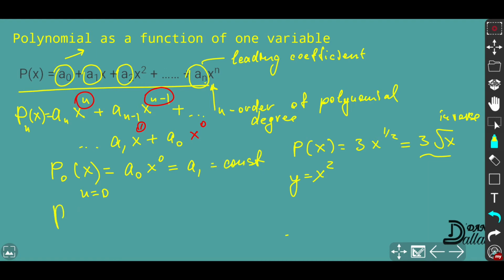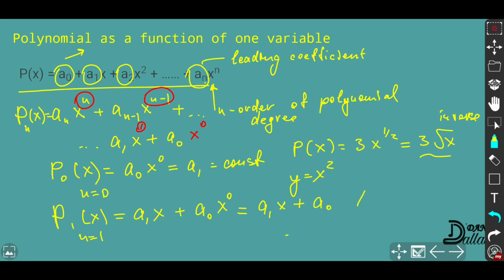If you say that we're going to have n equals 1, so a polynomial of the first degree, or first order, we'll get just two terms: a1 x to the power 1, and the next term down to 0, because the minimum power for a polynomial must be 0, okay? So you plug in the next term and you'll get a0 and x to the power 0, which is 1. So the general form is going to be a1x plus a0.